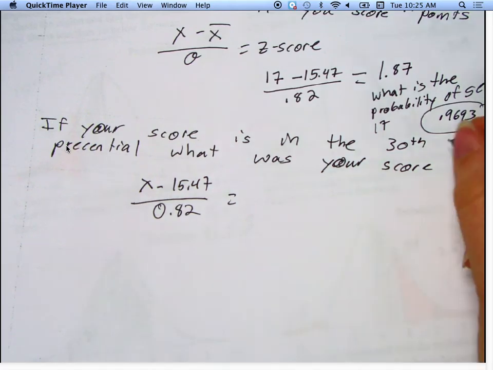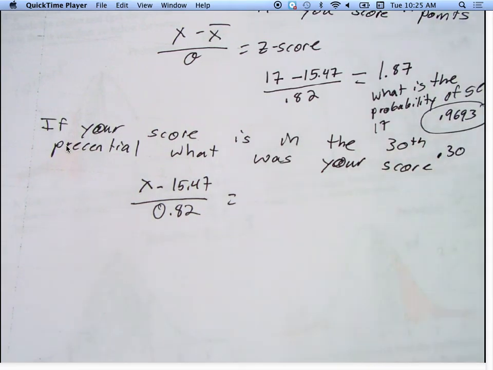That's the same thing as 0.30, correct? Okay, so now I'm going to take out my chart and look up 0.30 in the inside of my chart instead of looking on the outside. I want 0.30 and as close as I can possibly get.